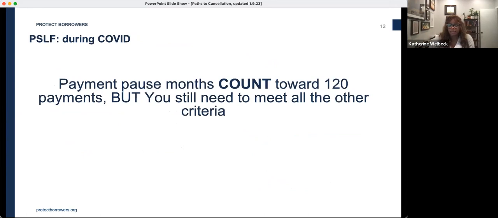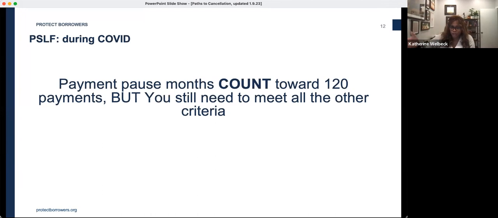So also, there have been some effects of COVID on the public service loan forgiveness program. The most relevant part is that for these loans that are getting the payment pause, since March 2020, when student loans were paused due to COVID through now and continuing for a bit longer, federal loans owned by the federal government, each month of these suspended payments during the payment pause counts towards public service loan forgiveness.